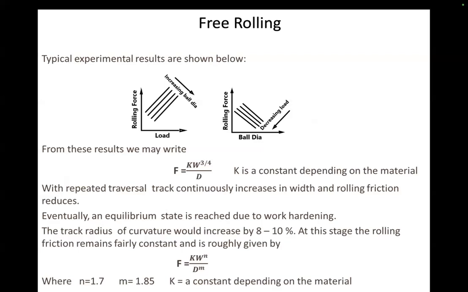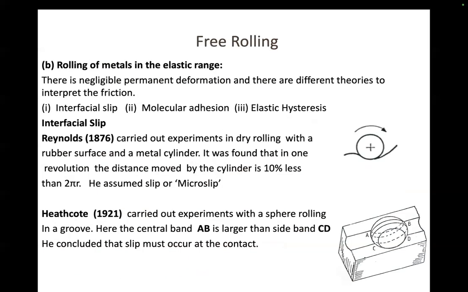And K is a constant depending on the material, as we said earlier. So this is a very nice small equation, useful for both scientists and engineers for developing ball bearings and other situations.